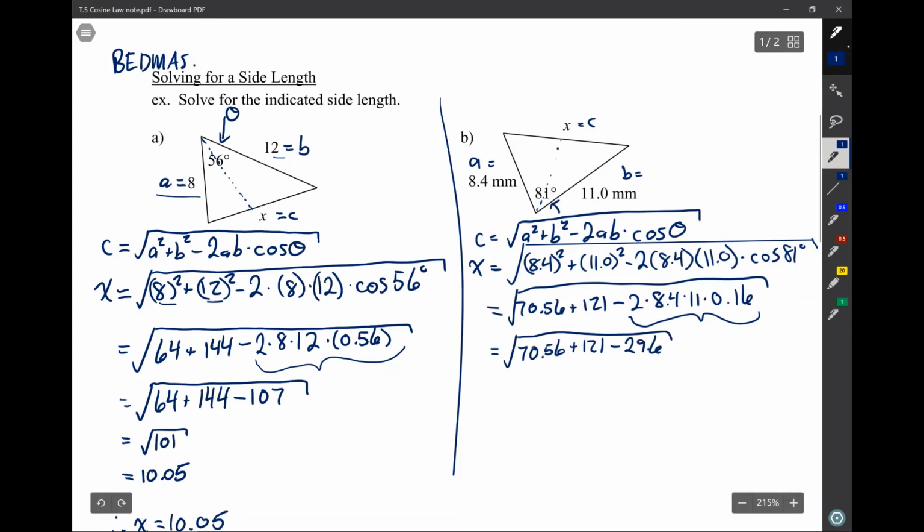I can take these three numbers just as I did last time, and I'll add and subtract them as it tells me to. So 70.56 plus 121 minus 29.6 equals 161.